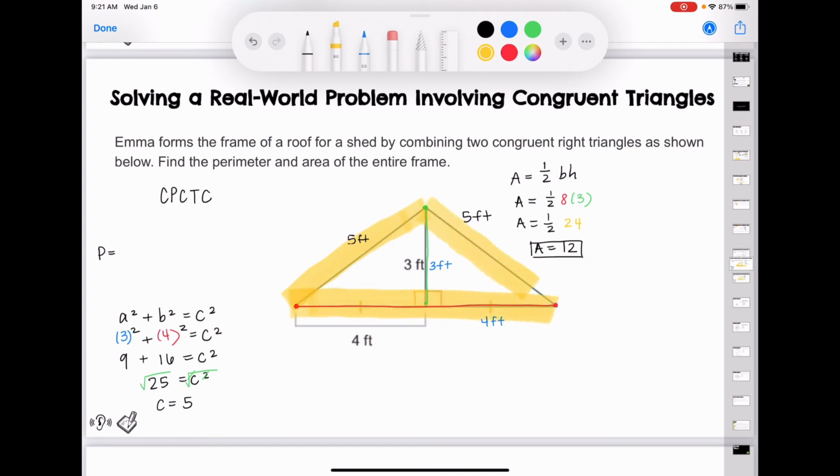So everything on the outside, which means that we would add 5 plus 5 plus 4 plus 4, which gives us a perimeter of 18 feet, right? Because if we add all those together, we get 18 feet. Okay, and that's how we would use all this information about congruency to solve a problem in the real world.